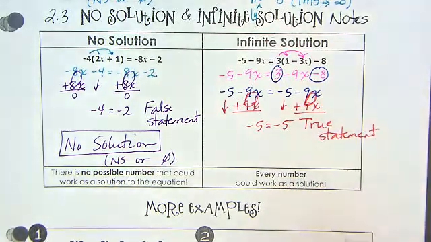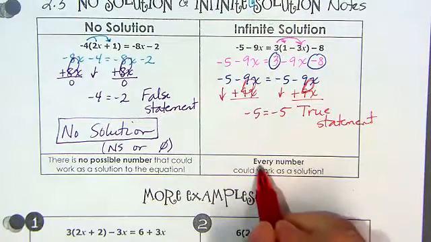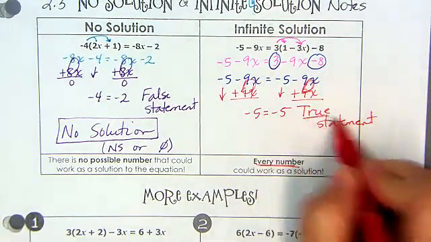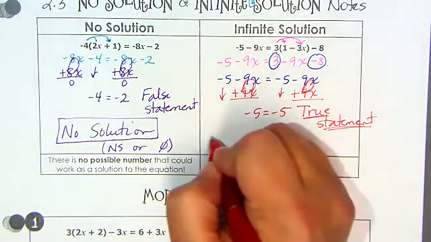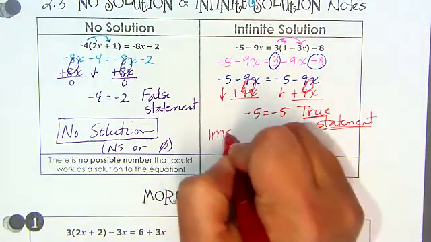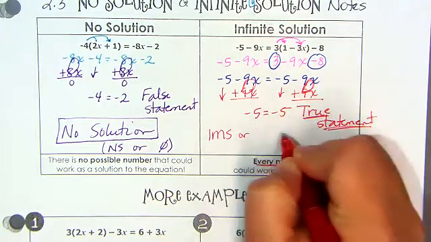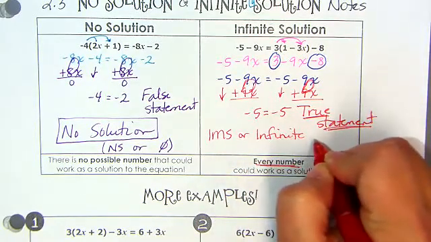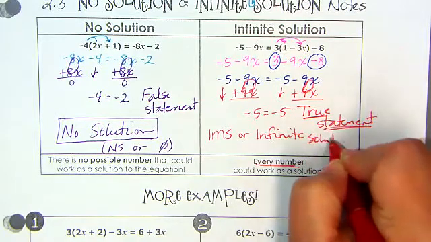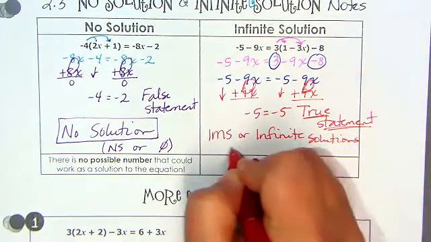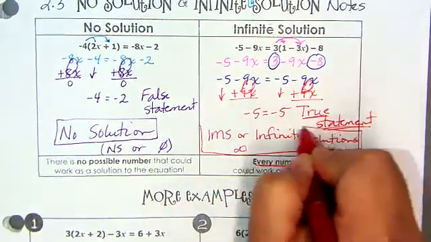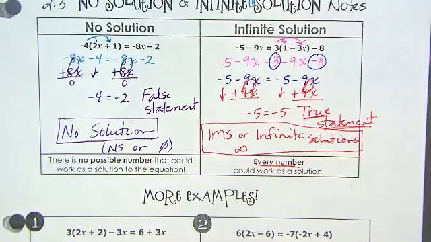Since it is a true statement, that means every number could work as a solution. So if it's a true statement, that means it is IMS, or infinite solutions, which is also the infinity symbol. So all of these are appropriate answers.